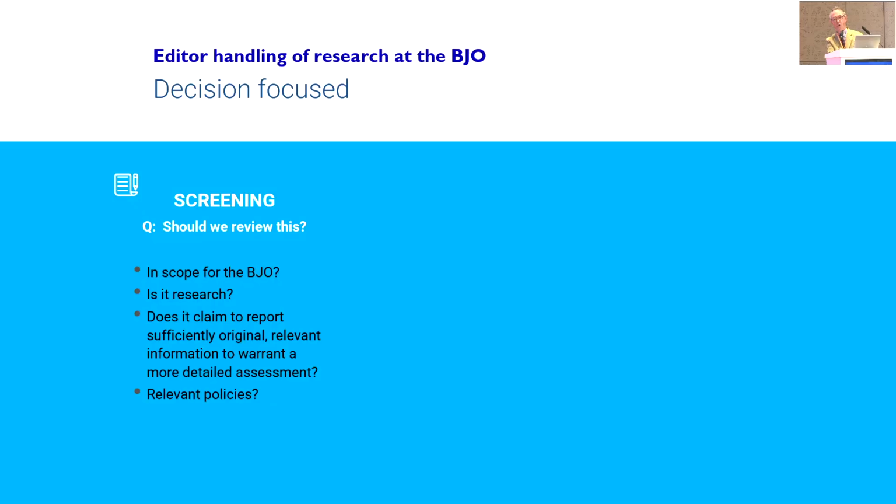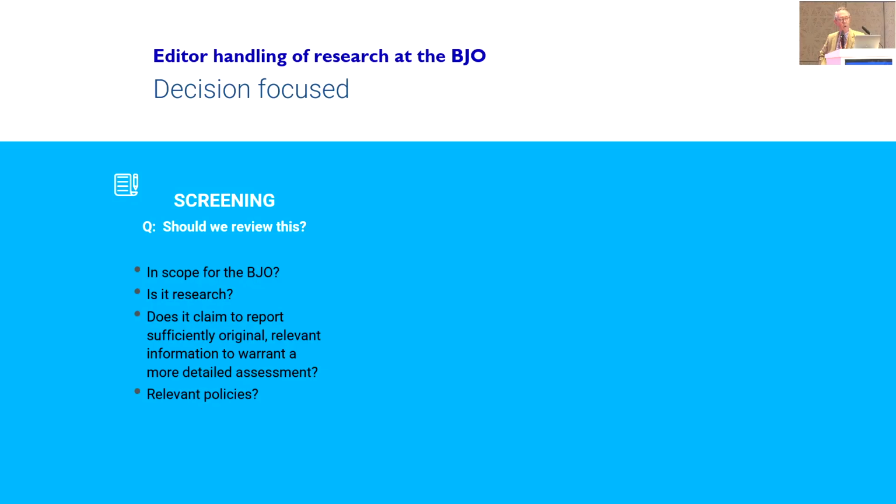Is this work in scope for the journal? That's almost always yes. Is it research? It might seem silly to even ask that question, but some of what's submitted is not research, and that will be immediately rejected at our journal. Important question number 3, does it claim to report sufficiently original, relevant information to warrant the more detailed reviewer assessment?